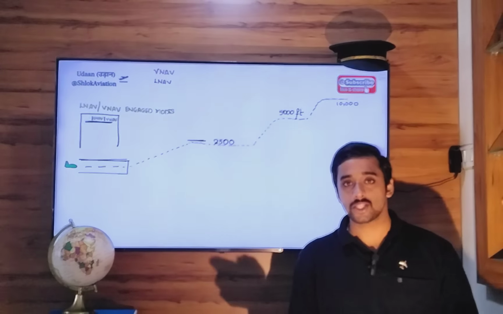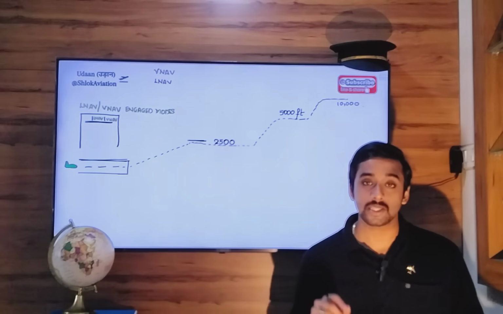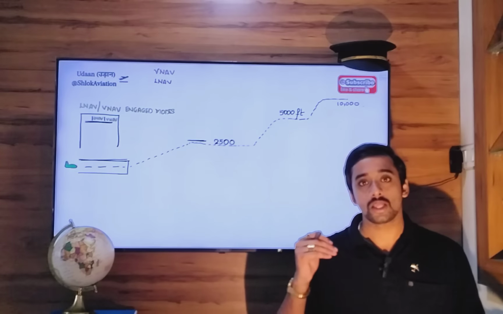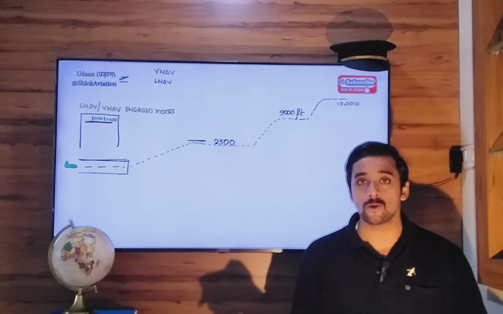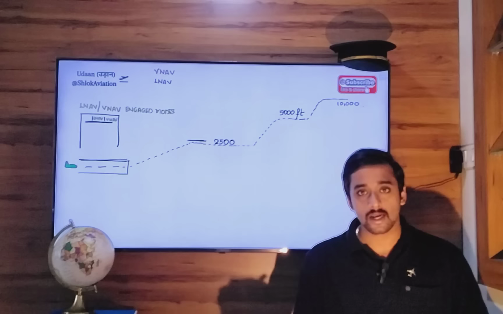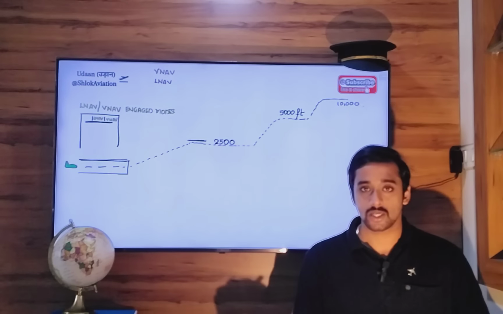So the vertical navigation, VNAV mode of your autopilot, is responsible for navigating your aircraft with respect to the vertical constraints. That means whatever vertical limits are imposed on you, whether by the ATC controller or by the SID departure chart.